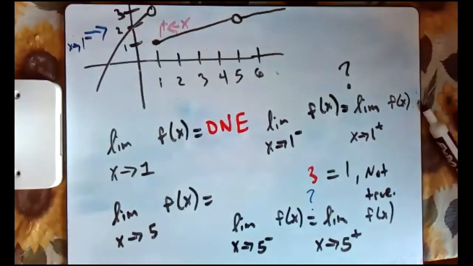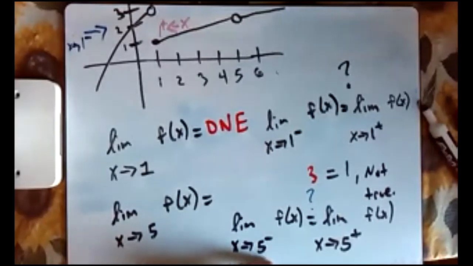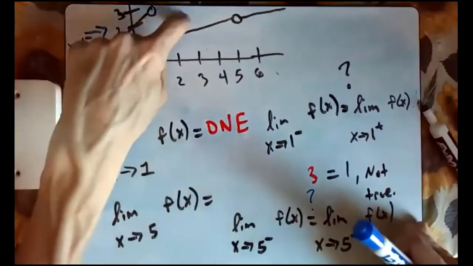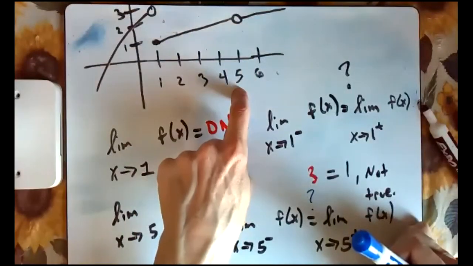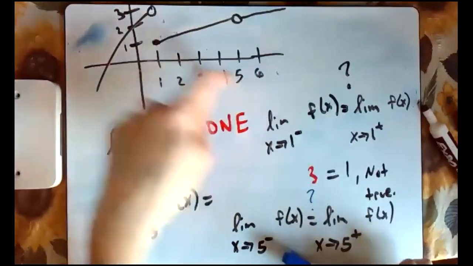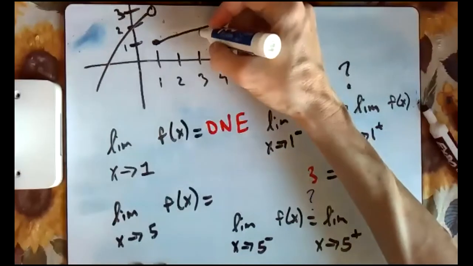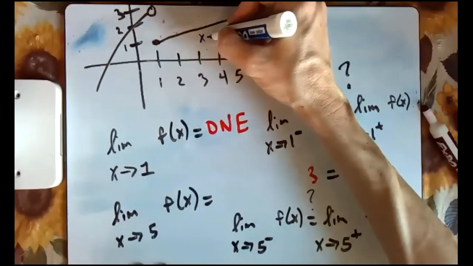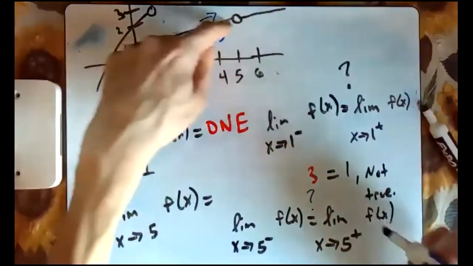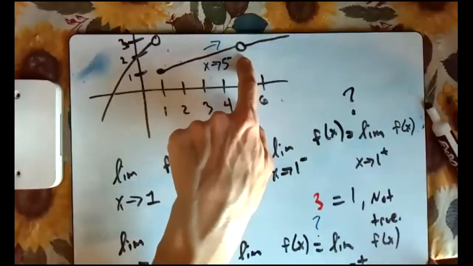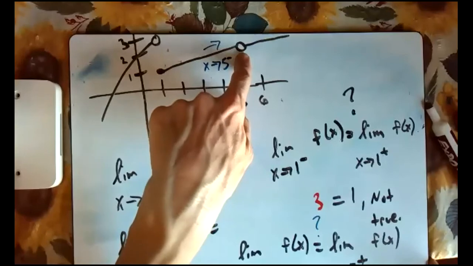So if we actually work that out, the limit as x approaches 5 from the left. Well, here's 5, right? x equals 5. If we approach 5 from the left, that's us going in this direction, like that. We see that it's going to some y value.